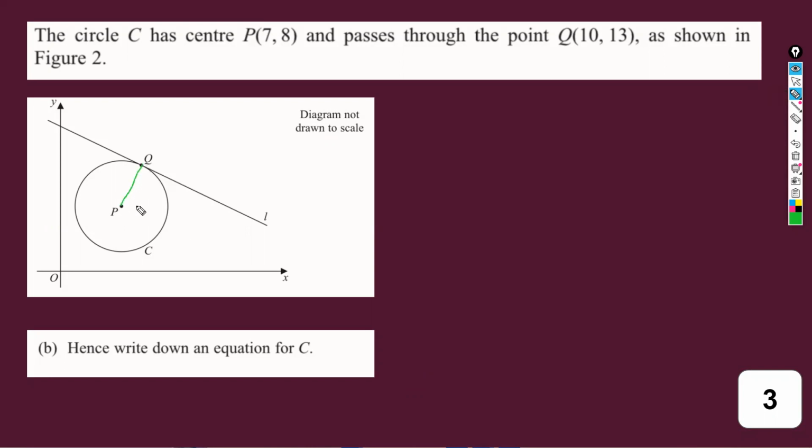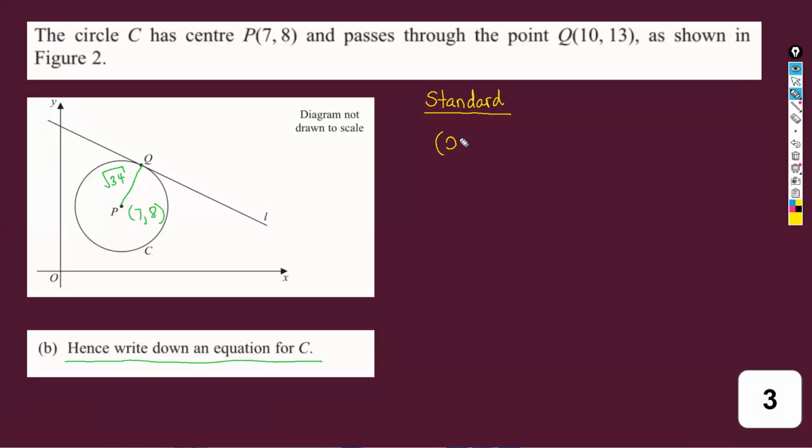So let me help you out here. Remember the center is how much? 7, 8. And the radius was the square root of 34. So write down the equation of the circle now. Both for me, right? The standard and the general. I'm pretty much sure everyone would have the standard equation.